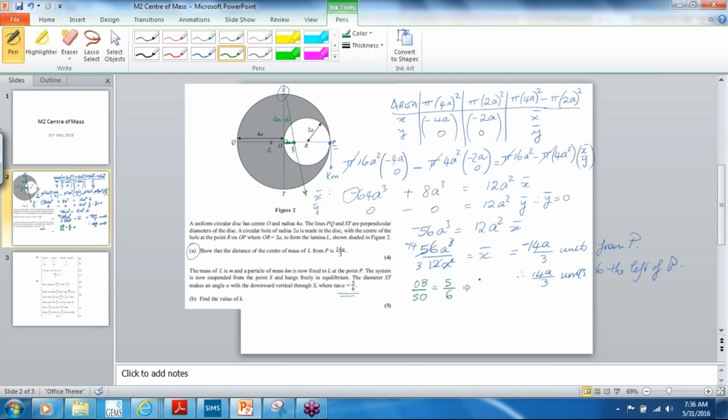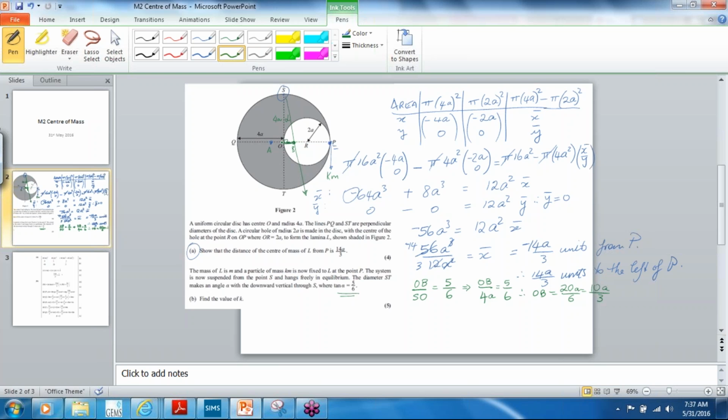So we can say that the ratio of opposite over adjacent is tan of alpha, 5 over 6. Therefore, OB is 20A over 6, and that's 10A over 3. So this distance OB is 10A over 3.